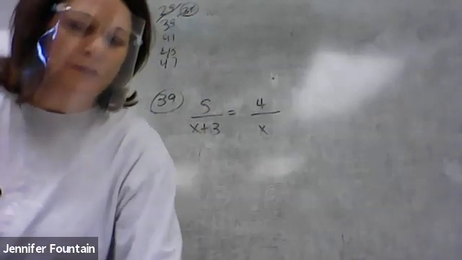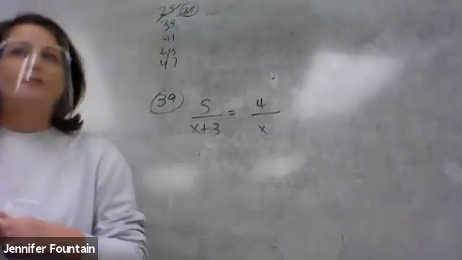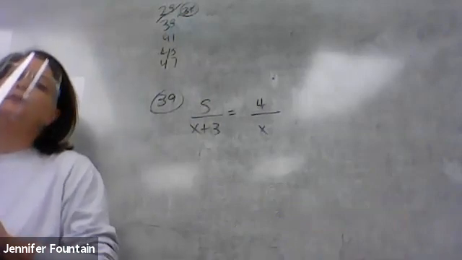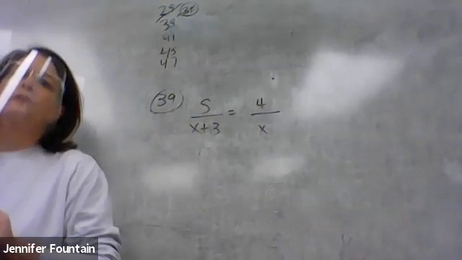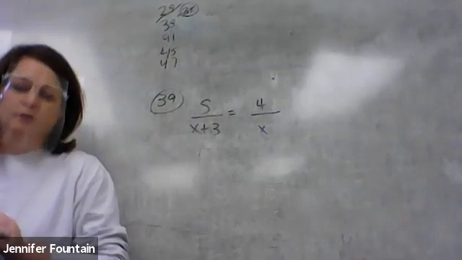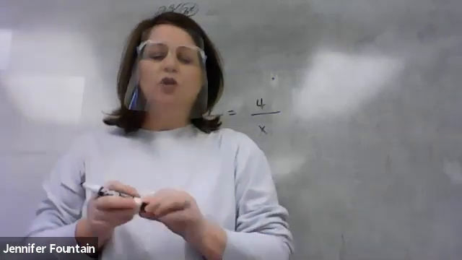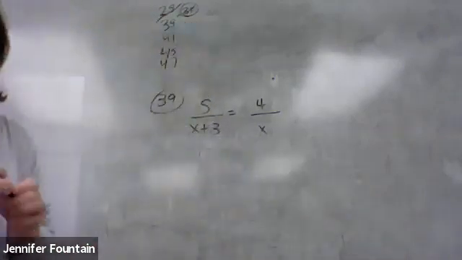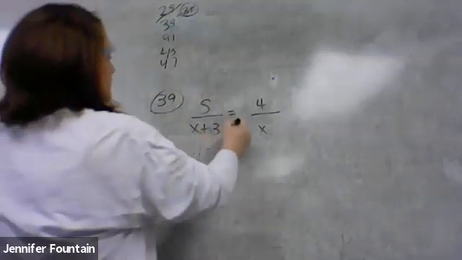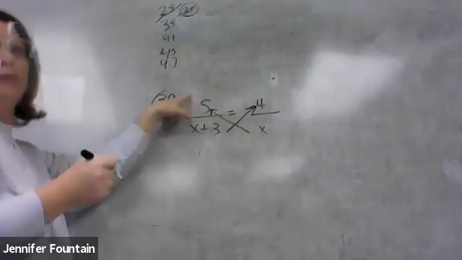Look back at 459, example 5. What does the cross product property tell me in the green box number 1? The product of the extremes equals the product of the means. Okay, I'm multiplying denominator by numerator, denominator by numerator.